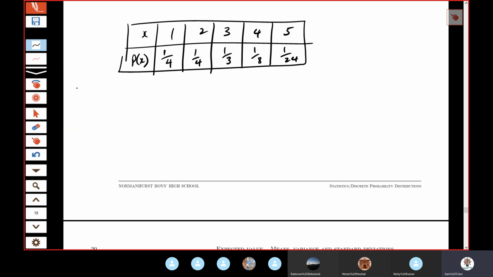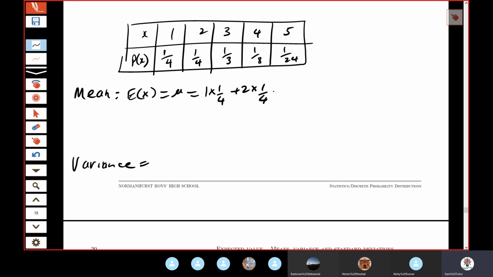All right, let's find the mean and let's find the variance. The mean was E(x), or mu, and that was just the sum of your scores multiplied by the probability. So 1 times a quarter, plus 2 times a quarter, plus 3 times a third, plus 4 times an eighth, plus 5 times 1/24.